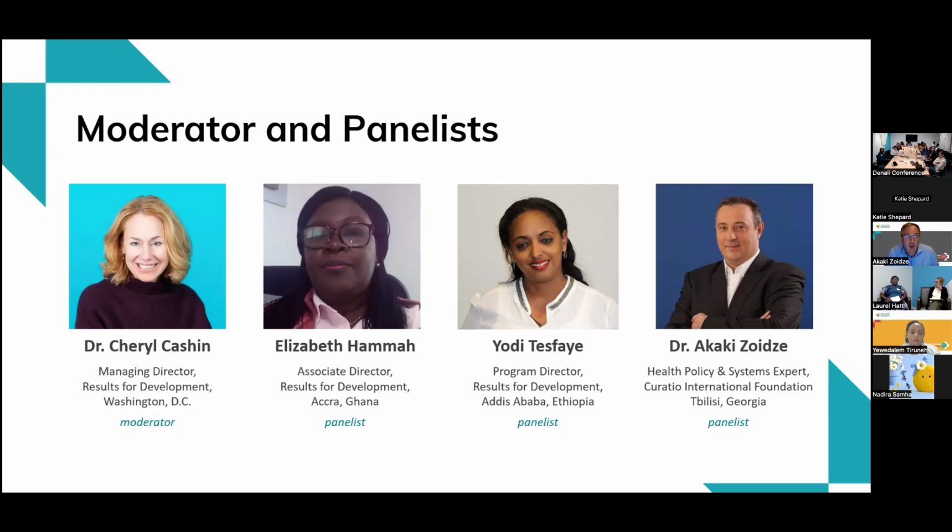And WHO has shared with us the draft package of interventions to see how this could be used by the national governments to basically adopt and integrate rehabilitation services and interventions into their health systems. Basically these are the guidelines, but they are not calling it guidelines, they call it package of recommended rehabilitation interventions.